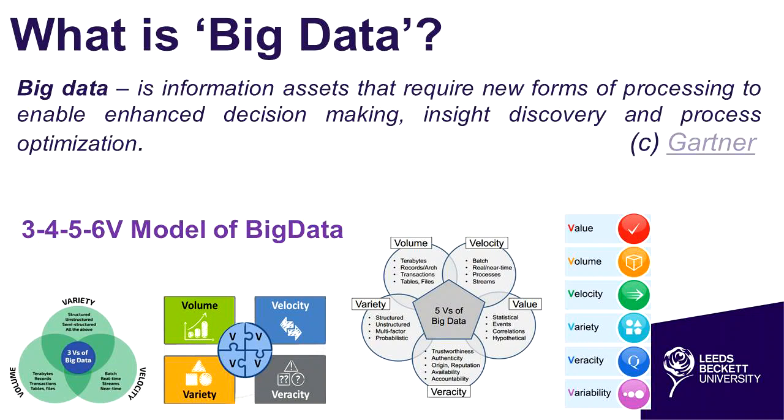Variety means big data can be structured, unstructured, or even semi-structured, or a mix of the above. Volume describes the quantity of data, in terabytes, huge records. It describes how big the records are, the volume of transactions, and the number of files. Then we have velocity, which describes the rate of data generation and data processing.